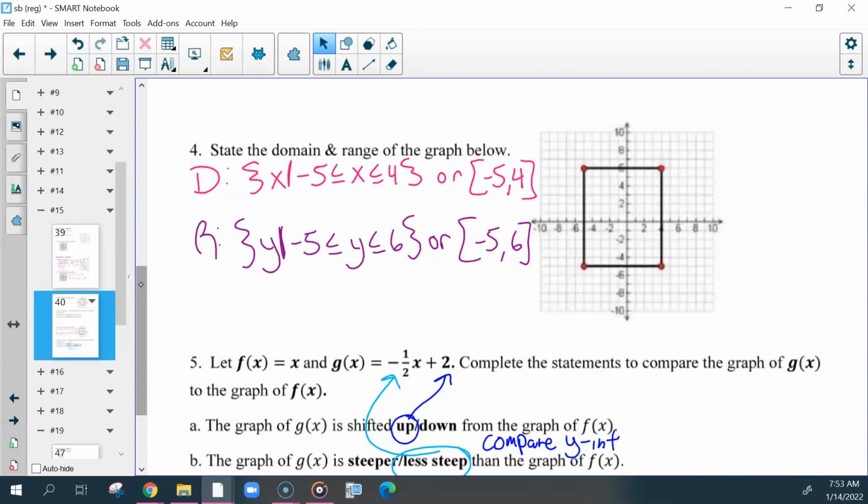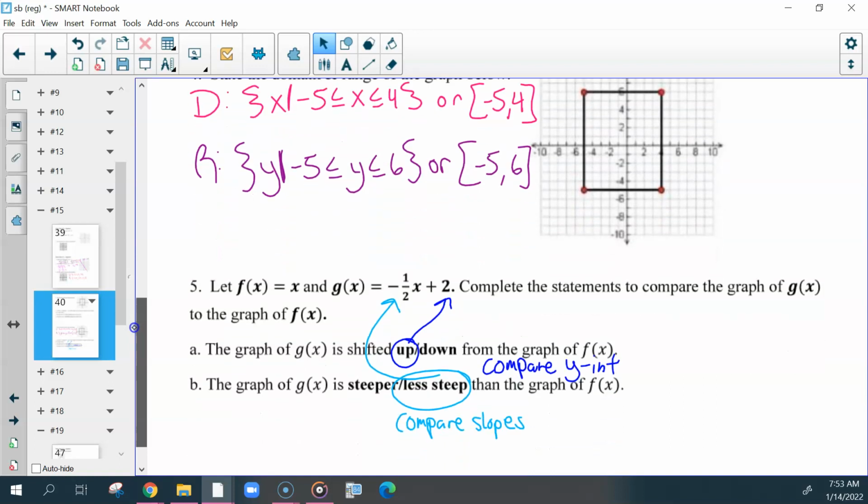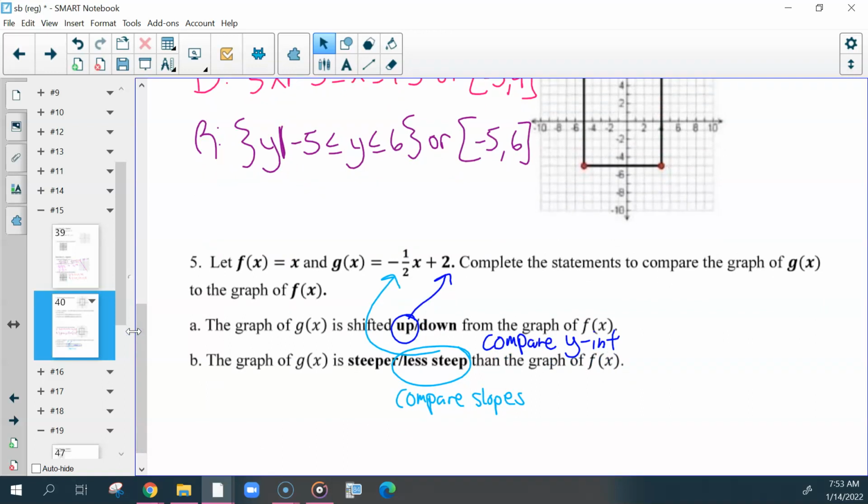For 5, we may not have done this before, but I'm just going to quickly talk through it. It's given 2 different equations, f of x equals x and g of x equals -1/2 x plus 2. And then we're comparing the 2. Really, we're looking at g of x and comparing it to f of x.